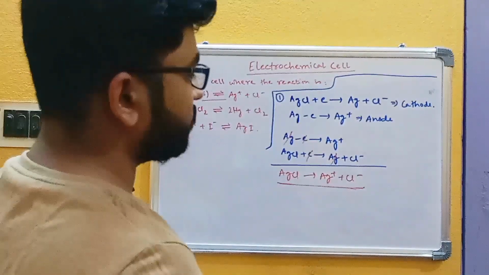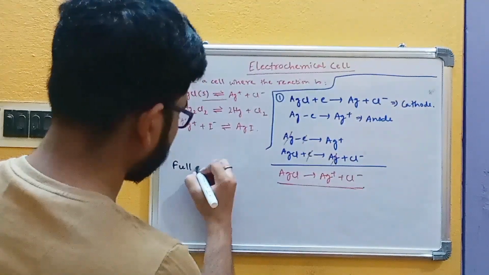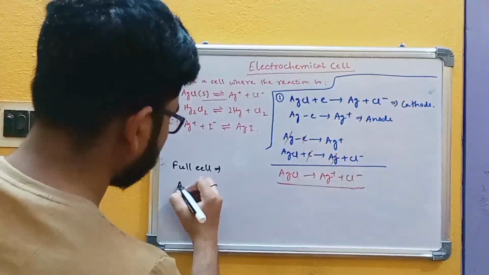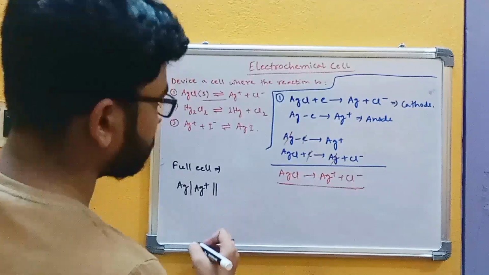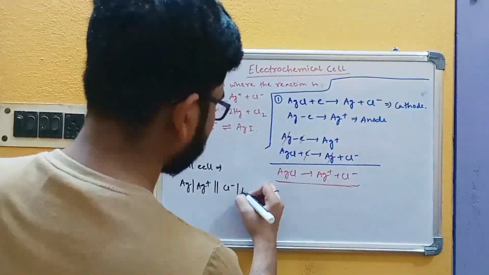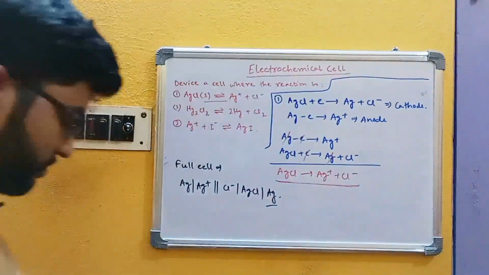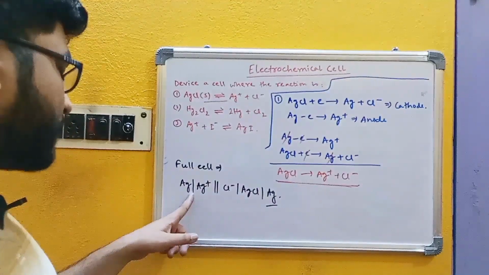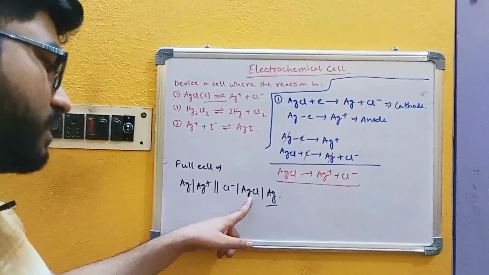So if we write the full cell reaction, it will be Ag plus, and as the reaction takes place, we have to write in such a way. So this is the full cell reaction, where this acts as anode and here oxidation takes place, and this acts as cathode, here reduction takes place.